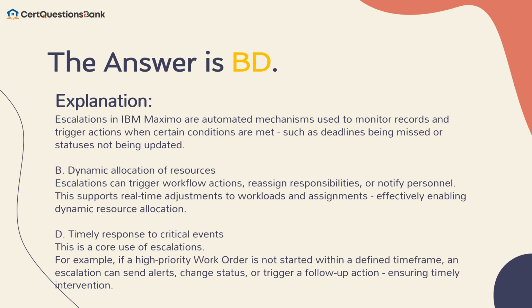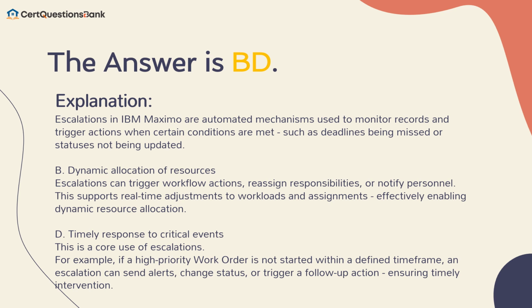Escalations in IBM Maximo are automated mechanisms used to monitor records and trigger actions when certain conditions are met, such as deadlines being missed or statuses not being updated. B. Dynamic allocation of resources. Escalations can trigger workflow actions, reassign responsibilities, or notify personnel.